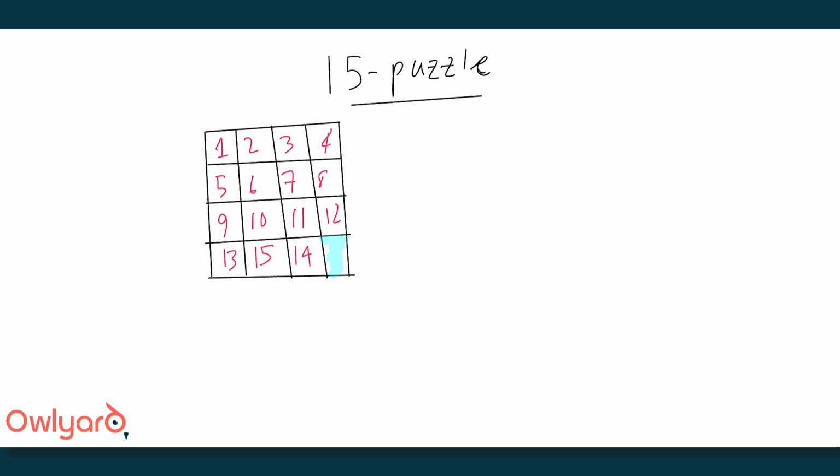So the idea is that you slide these squares. You can slide 12 into the blank position, and then 12's old position goes blank, and then you can push 8 or 11 and slide it. The ultimate goal is that you need to swap this 15 and 14, so that it goes to the natural order 13, 14, 15. This actually became a craze in 1880.